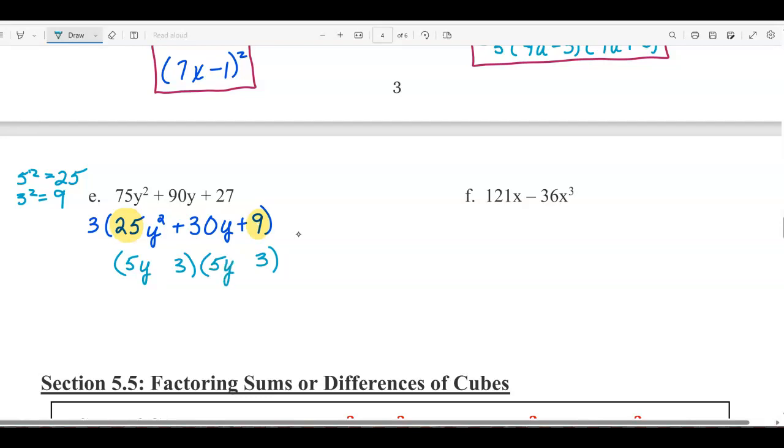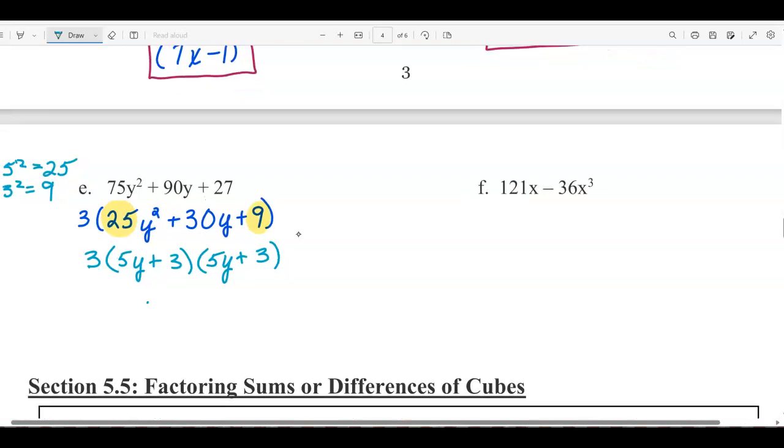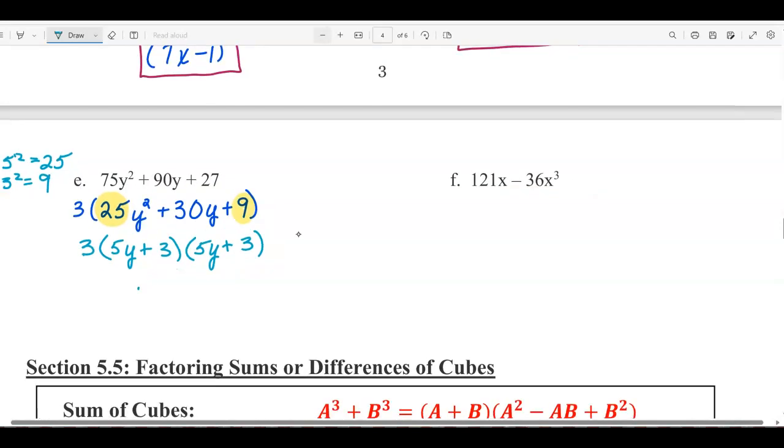We look to the 9, it's a plus. We check the sign of the 30, that tells us they're the same and they're both plus. We bring down the 3 that was GCF. The last thing we observe is we do have the same factors. We bring them together with an exponent. So it is 3 times 5y plus 3 squared.